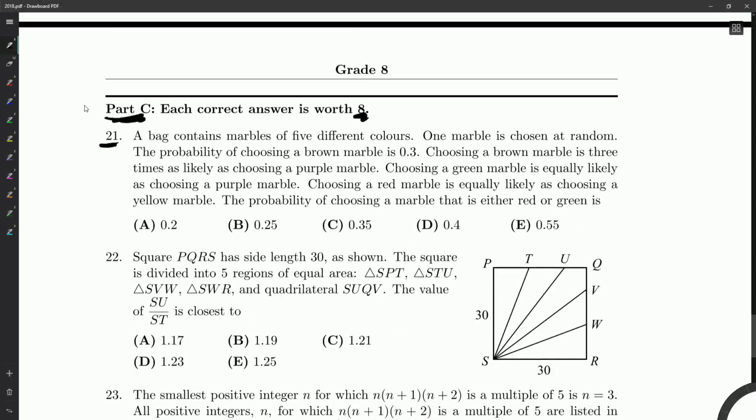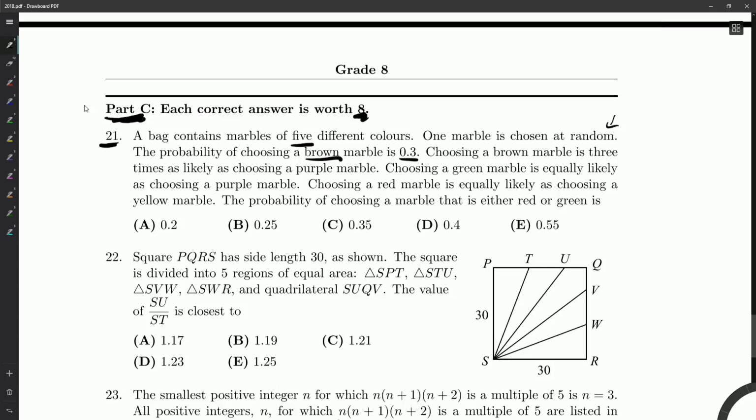A bag contains marbles of 5 different colors. One marble is chosen at random, so I'm starting to think probability here. The probability of choosing a brown marble is 0.3. So remember, probabilities are measured between 0 and 1. You can think of 0.3 as a 30% chance of picking out a brown marble.